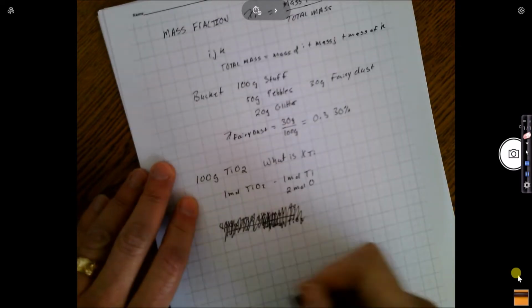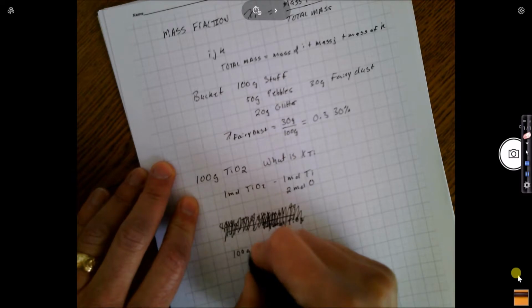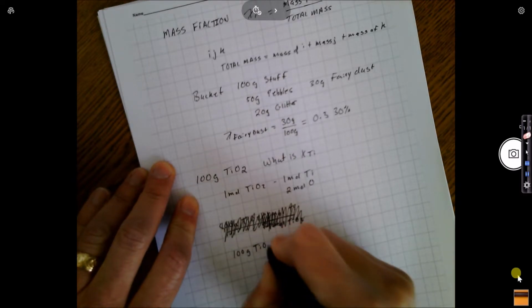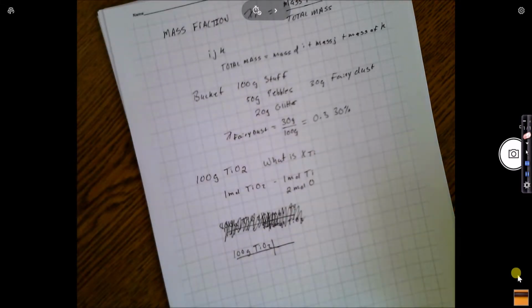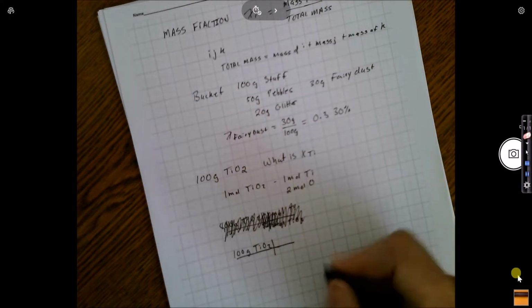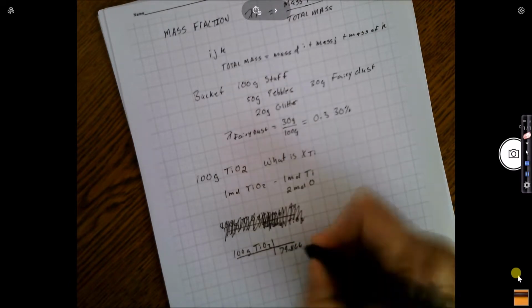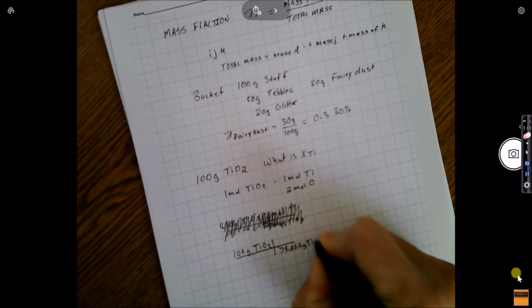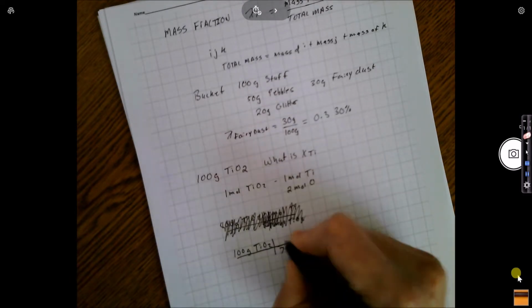All right. We're going to start off with our 100 grams of TiO2, and I apologize for my error. We had said earlier in the day that there are 79.866 grams of TiO2 in 1 mole.